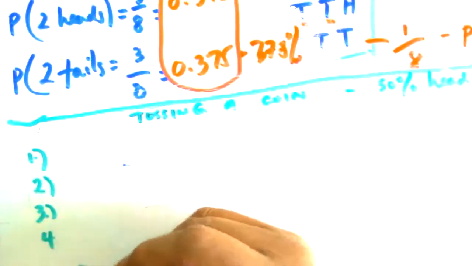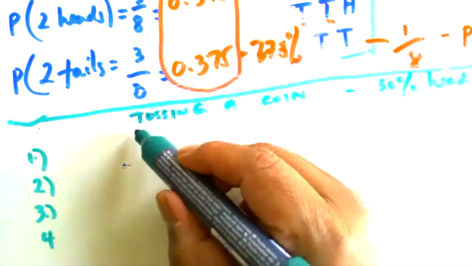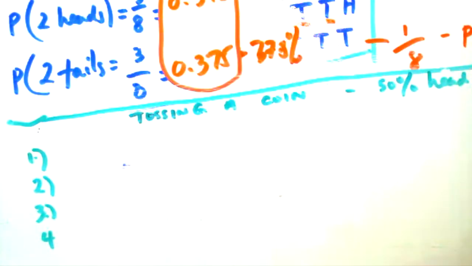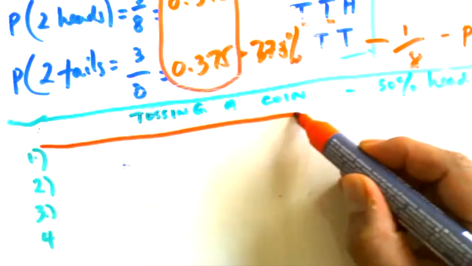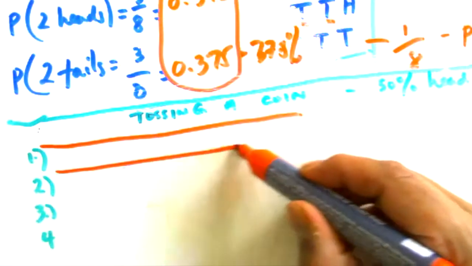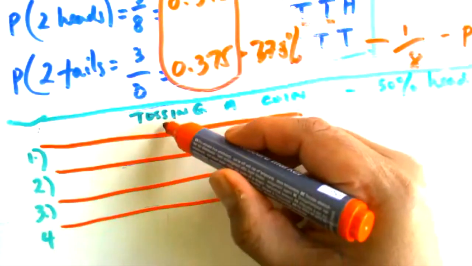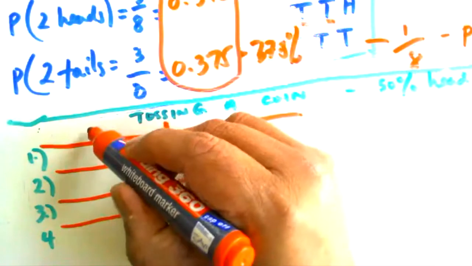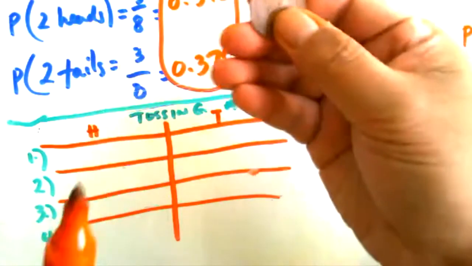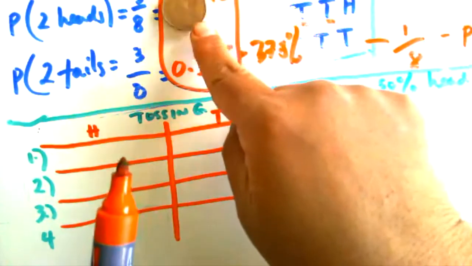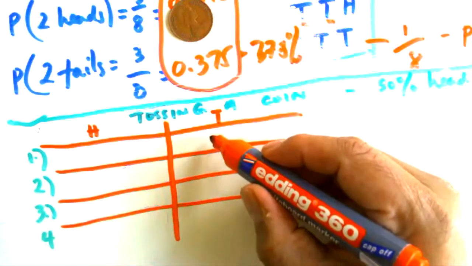Okay, let me demonstrate this. Let's create a table. Here, this is heads and this is tails. Now watch carefully. Here's a coin, I'm going to toss it. What's the answer? The answer is heads.